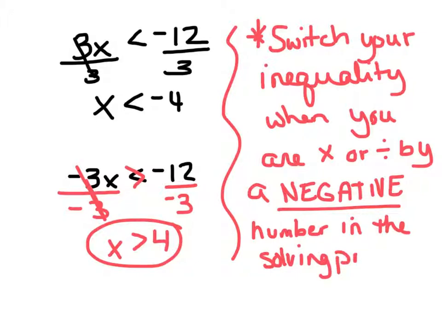So it's not a matter of what it is originally, but as soon as you try to get to your solution, as soon as I divide both sides by the negative, I switch the inequality. Hopefully this has helped a little bit.